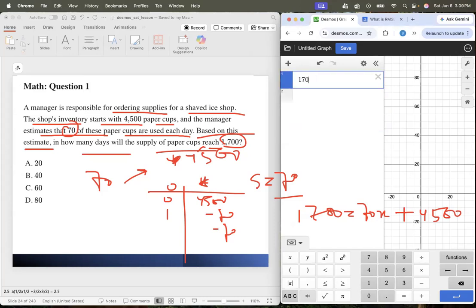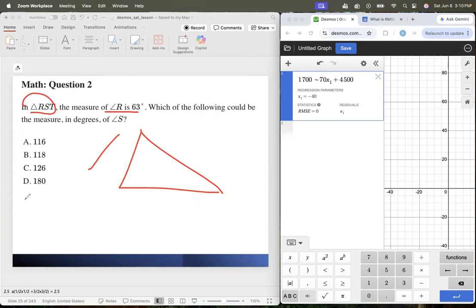I want 1,700, so it's regressing to what? -70x1 plus 4,500. Your right answer is 40. Of course, you can get a negative number. You can figure that out because of the way it's written. And so the right answer has to be 40.